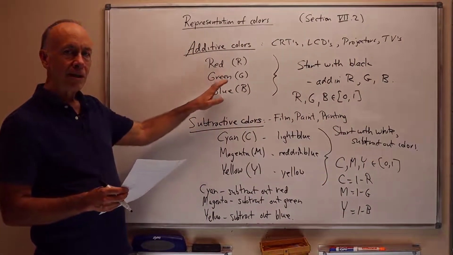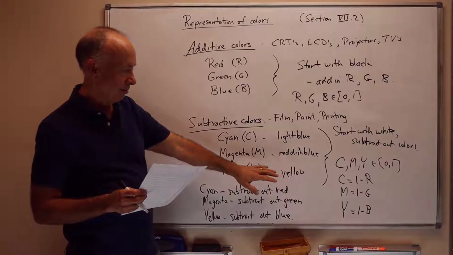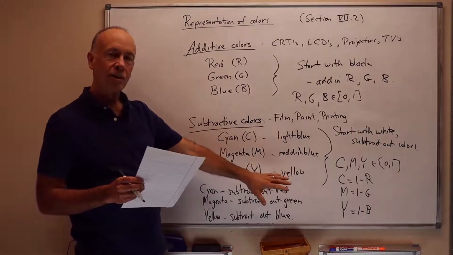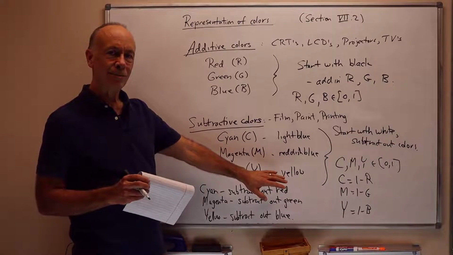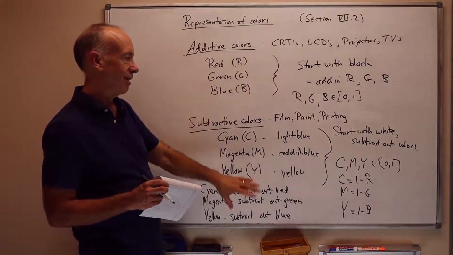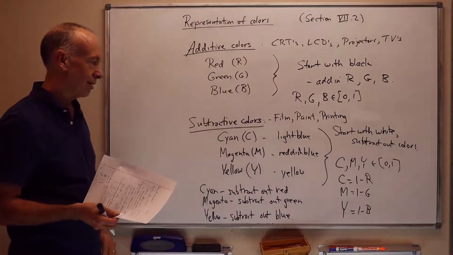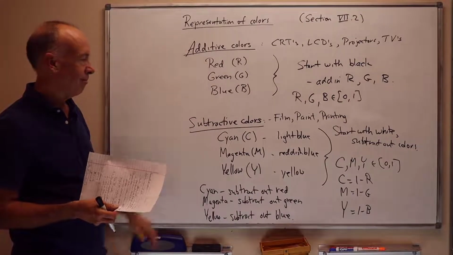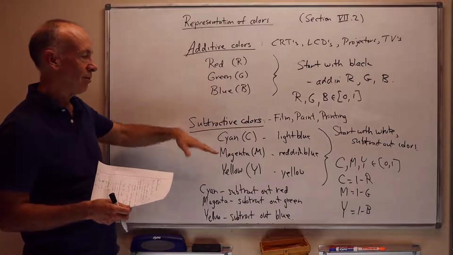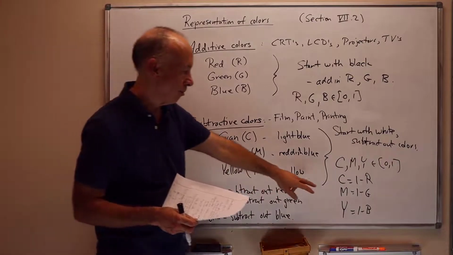If you have RGB colors, you can nominally convert them to CMY colors by these formulas. I say nominally because it doesn't work super well. It's hard to make the translation between these two things because they're different physical bases, and therefore the colors don't quite correspond as simply as these formulas would make it look.